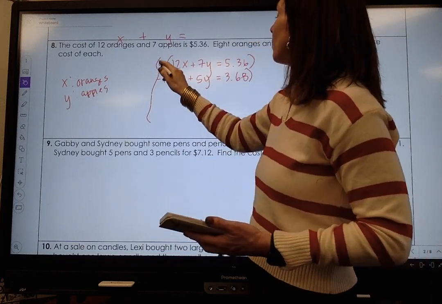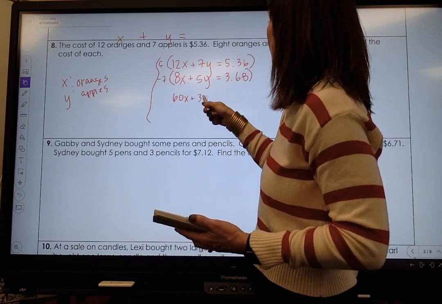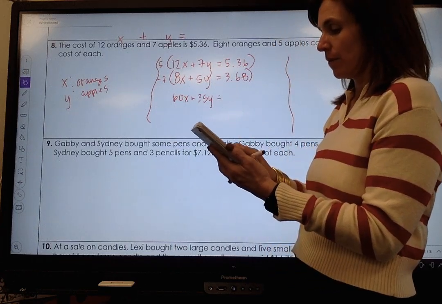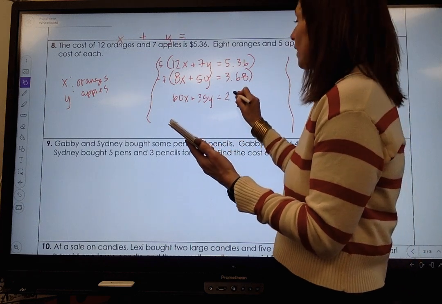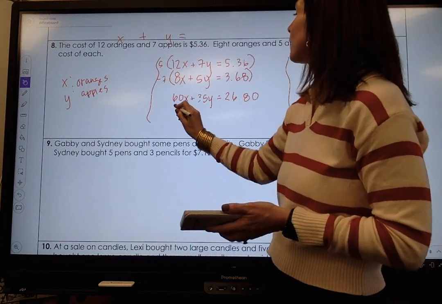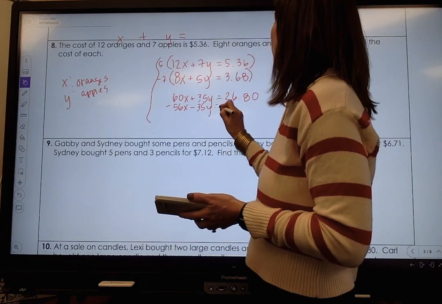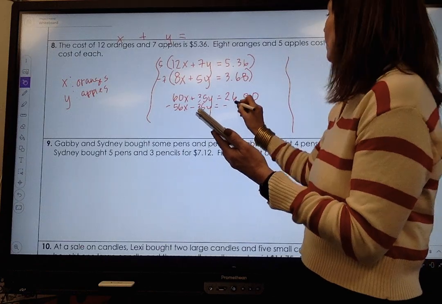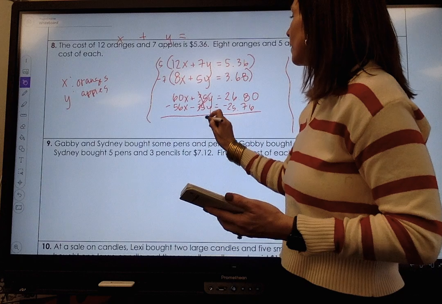So then when I do it, my top one would be 60x plus 35y equals 5.36 times 5, and I get $26.80. If I multiply the bottom one by -7, I get -56x minus 35y equals -$25.76.